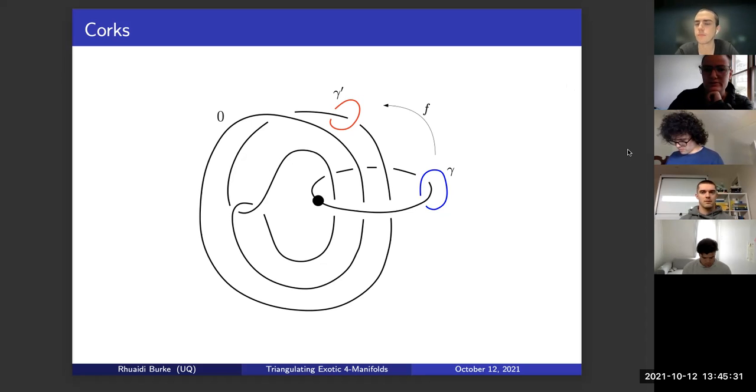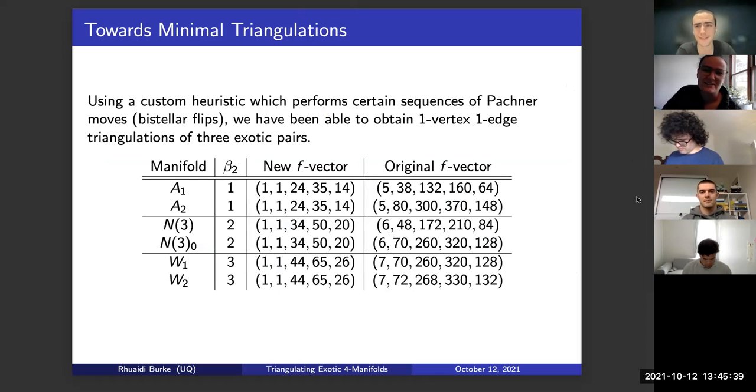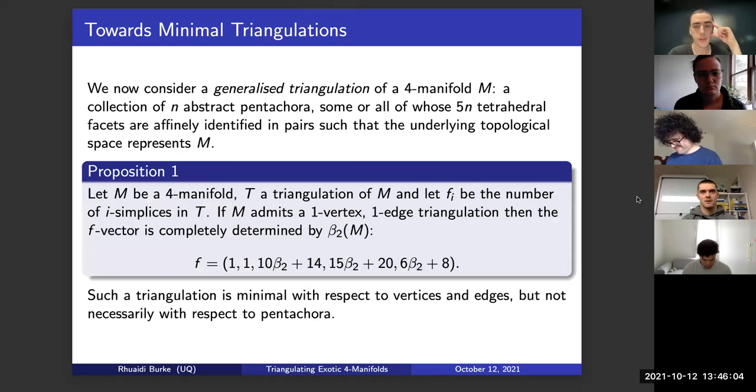I might ask a question. In your table of your minimal triangulation stuff... Well, minimal with asterisks, minimal in this sense. So the original vectors are not the same for these pairs. Did you expect that your new vectors would be the same? Well, yes, because if you can get down to one vertex, one edge, it's completely determined by the second Betti number.